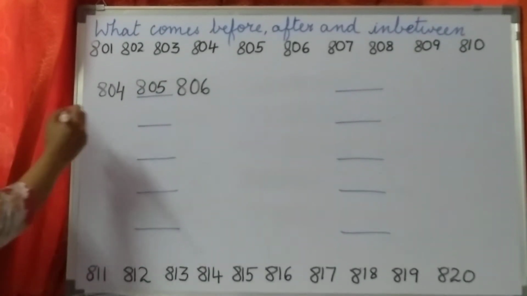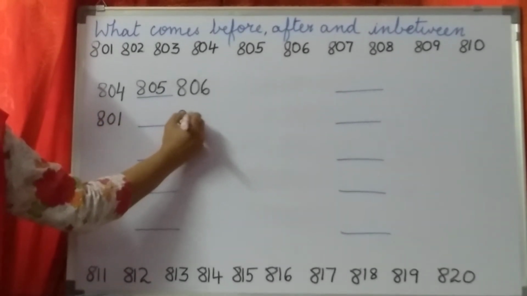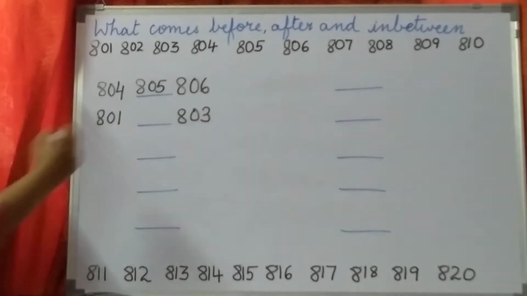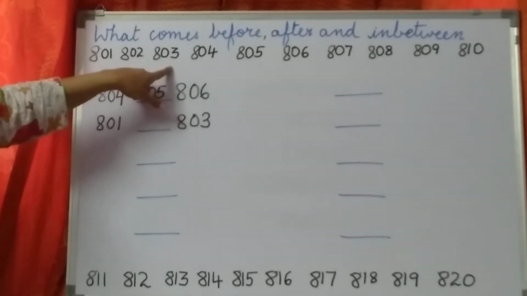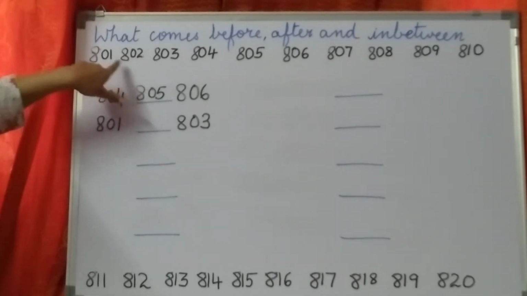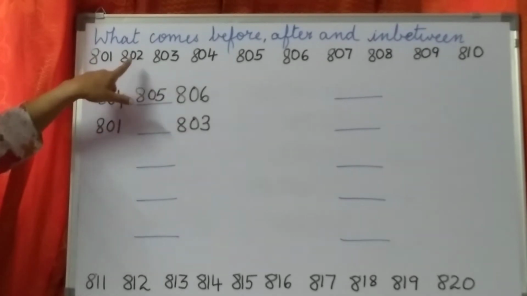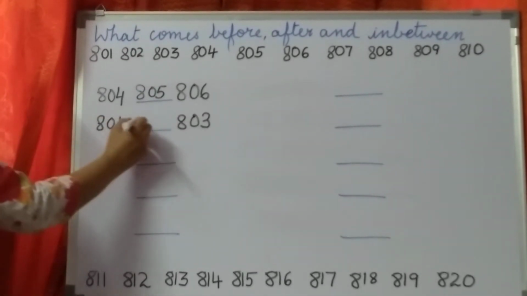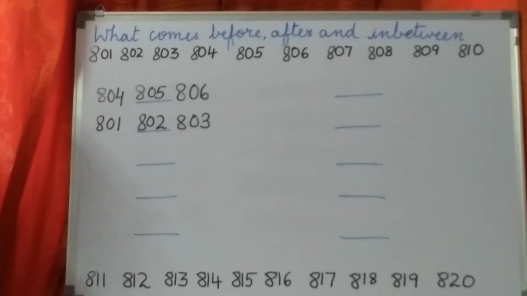Okay, 801, 803. So what comes in between 801 and 803? 802. Man can also make mistakes sometimes, no?